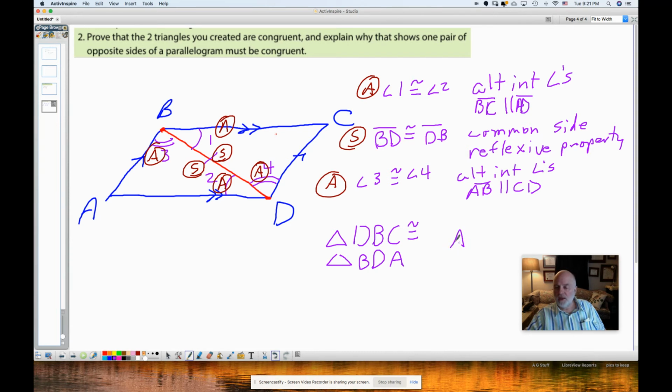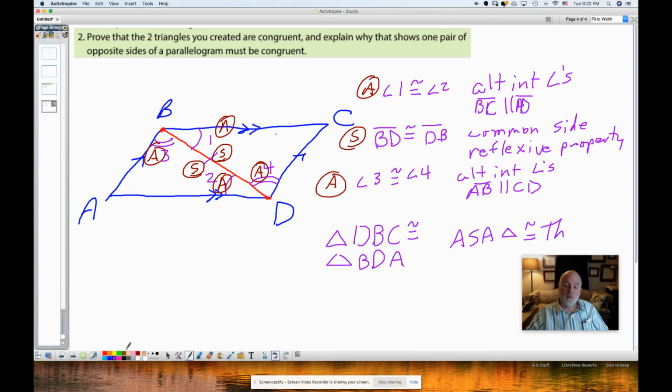Well, it's the angle, side, angle triangle congruence theorem, the one that we proved before. Since we've proved it before, we can use this in another proof. I don't have to show you what transformations take this onto this one. I can just say that if two triangles have two angles congruent and their included side, then the two triangles are congruent by the angle, side, angle theorem.